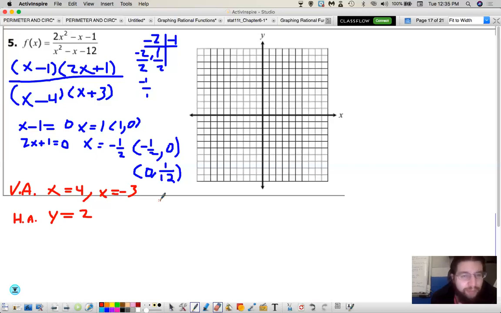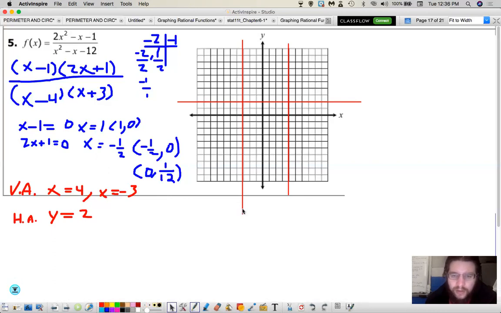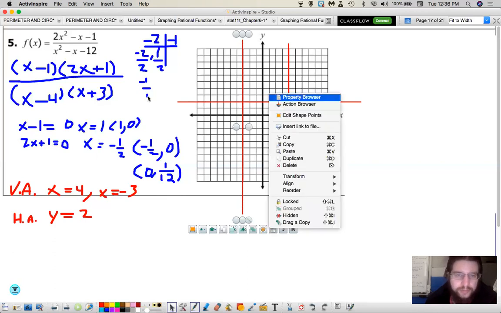So for now, I guess I'm just going to plot this and see what happens. Let me start with my asymptotes. Let's see. I've got 4 and -3 for vertical asymptotes, and 2 for my horizontal. And it doesn't have to be perfect. I'm a little off. Close enough.